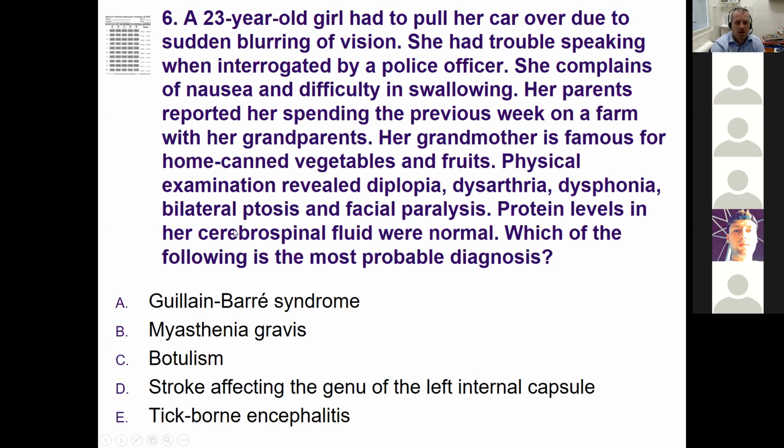You will examine the cerebrospinal fluid, and you will find the protein level is normal. Now, what could be the explanation for that? This becomes a little bit difficult.